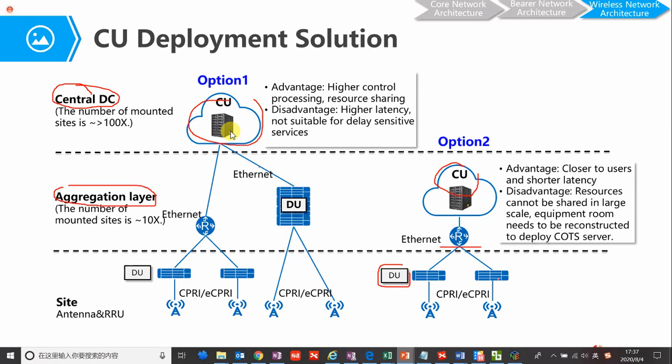You need many connections between the central cloud, aggregation layer or site layer, connected point-to-point, maybe through fiber optic connections.